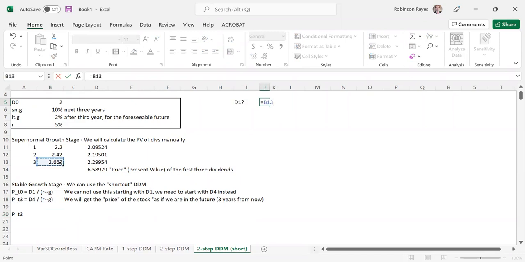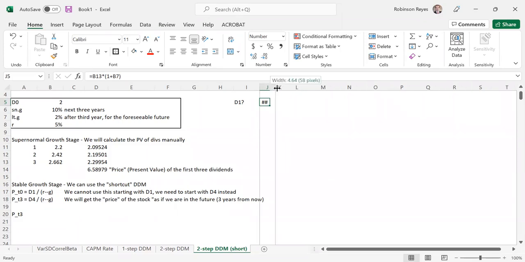If you don't want to be confused, let's just write D4 here and calculate it here before. So this is D3, and then we have it grow at a 2% rate, multiplied by 1.02, or by 1 plus 2%. And so dividend 4 will be 2.715.